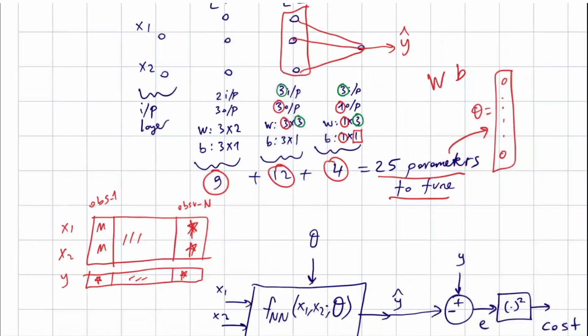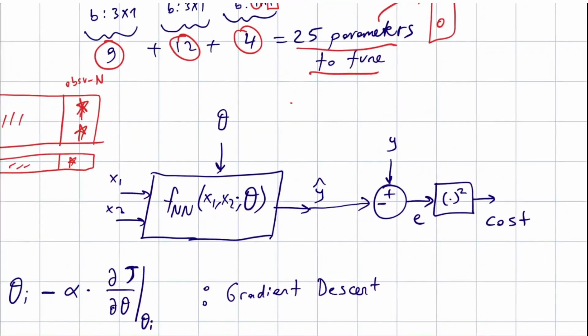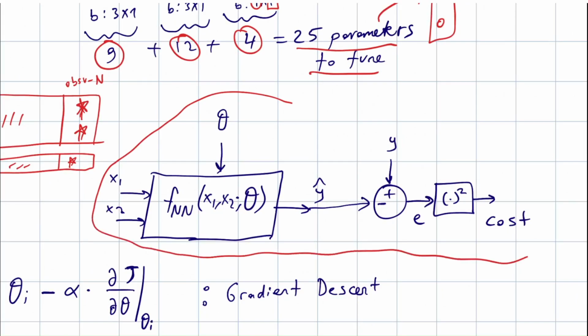If you look at that part, we will have our function, which depends on the theta parameters that we will try to change in each iteration. We will talk about what kind of iterations we are talking about.